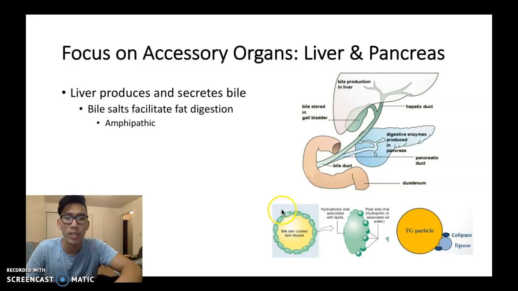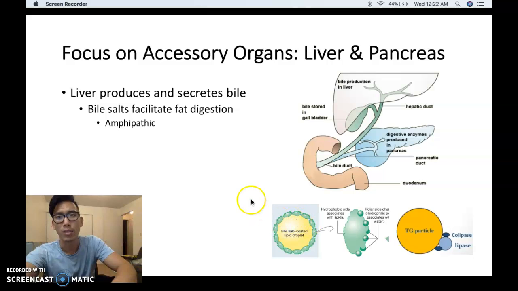So if you can see in this figure here, the bile salt is binding with a lipid droplet, and the polar regions of the bile salts are closer to the aqueous environment on the outside.